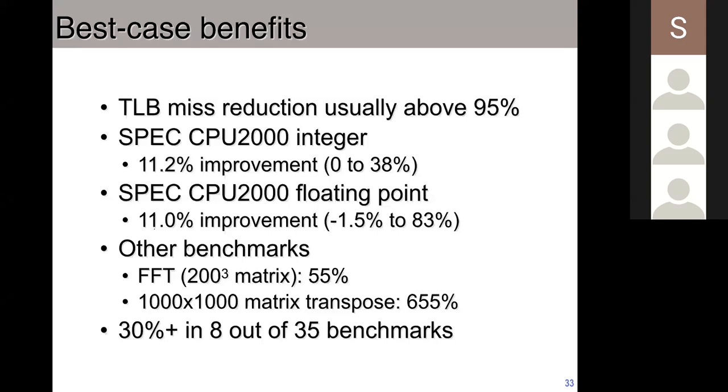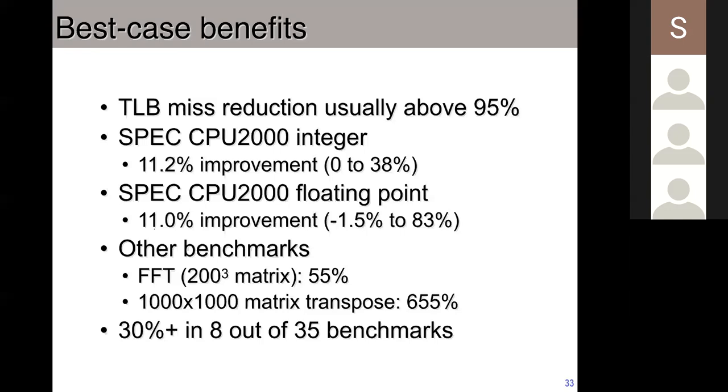But they don't just report their best numbers. For example, for the floating point benchmark, in some cases they say that they lose some performance, like some benchmarks did minus 1.5% worse, right? So again, it depends upon the behavior of the workload, the memory access patterns, as to how much improvement you get.